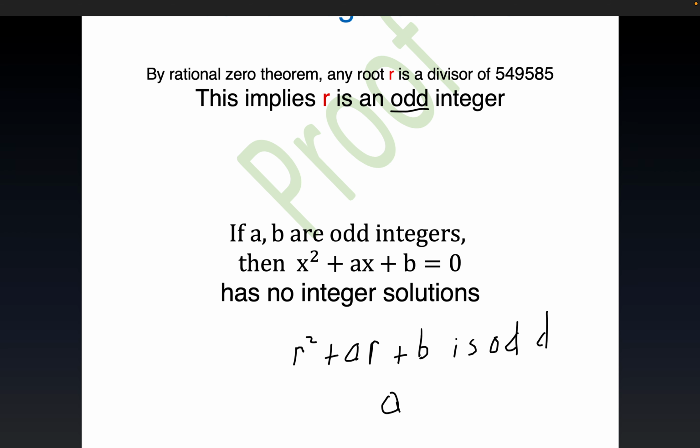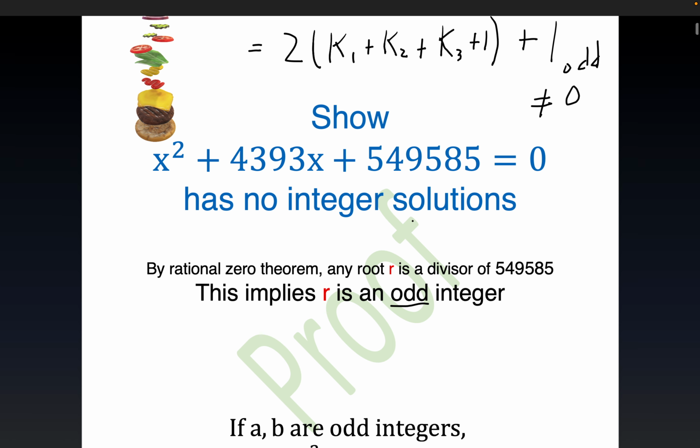And I like this because if you were to look at this, you might be tempted just to start checking these integer divisors. And y'all, you'd have to write down the prime factorization of 549,585. But I think there's about 40 divisors here. I can't quite remember. Don't hold me to that. But I think there's 40 divisors.